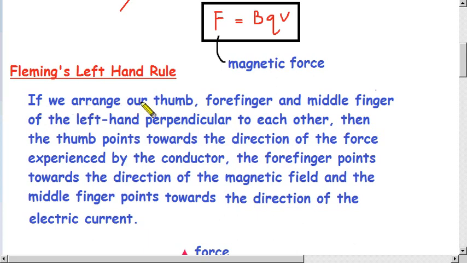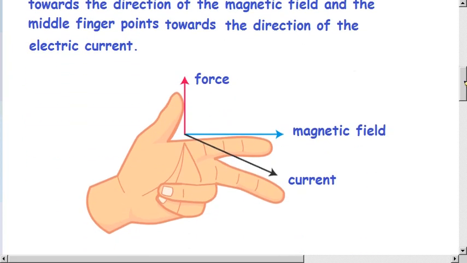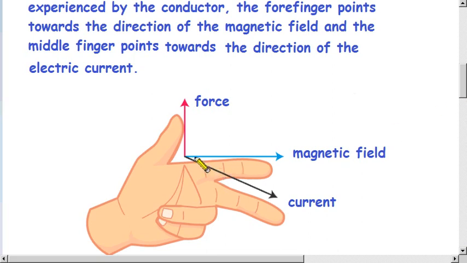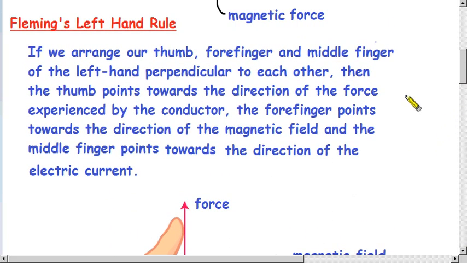If we arrange our thumb, forefinger and middle finger of the left hand perpendicular to each other, so there is a figure like this, thumb, then forefinger and middle finger perpendicular to each other like this, left hand, then the thumb points towards the direction of the force.